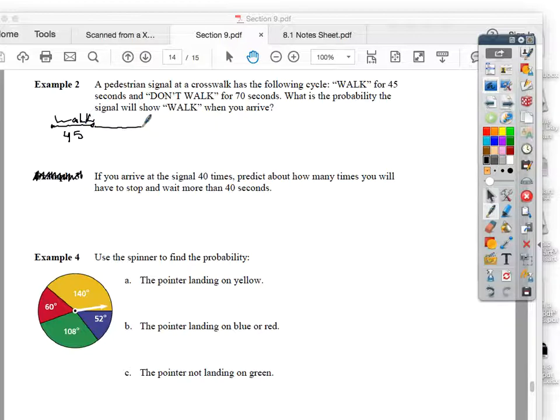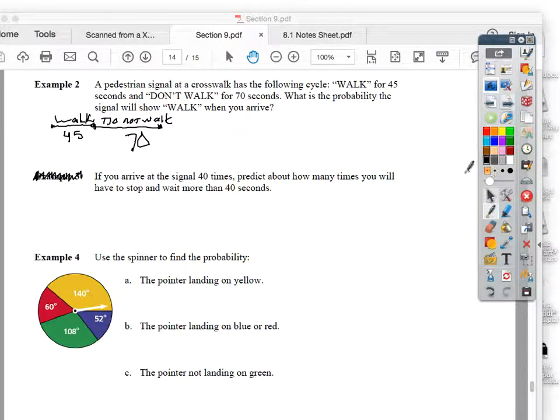Then it goes to don't walk, and that's going to be 70 seconds in length. So what we have there is the situation where you are allowed to walk and then don't walk. So walk for 45, then don't walk.